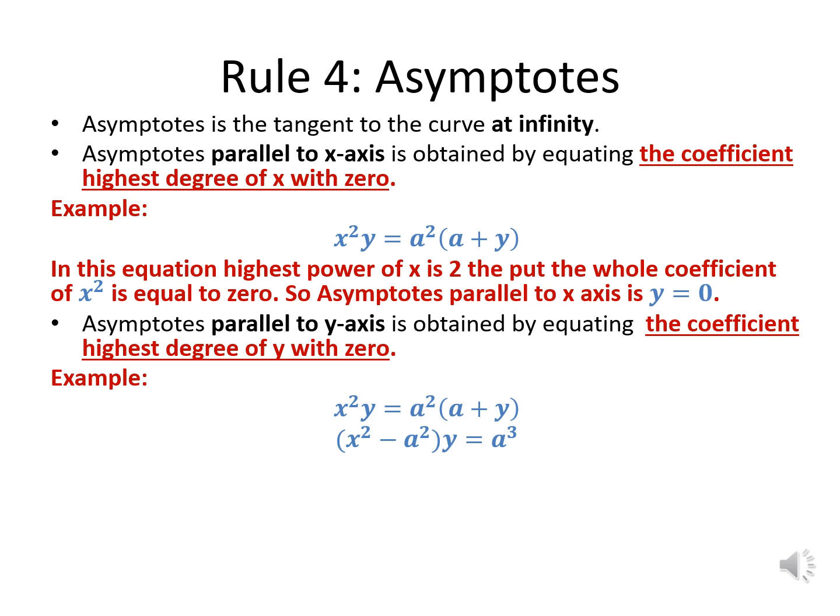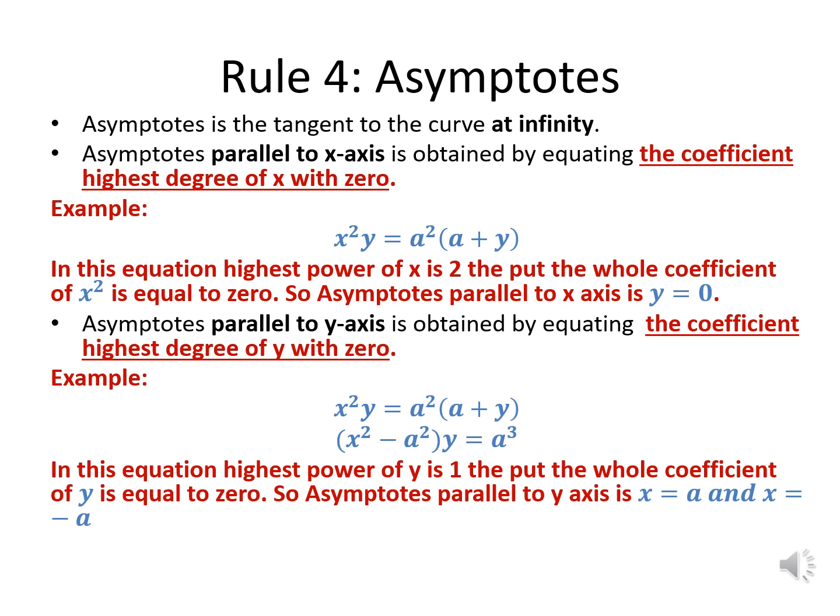If we take the a square y term on the left hand side, the coefficient of y is x square minus a square. So we put x square minus a square equal to 0. So we get x is equal to plus minus a, that is x is equal to a and x is equal to minus a.